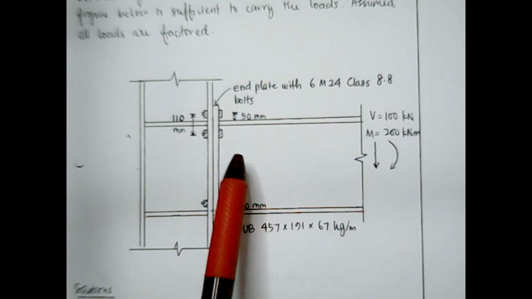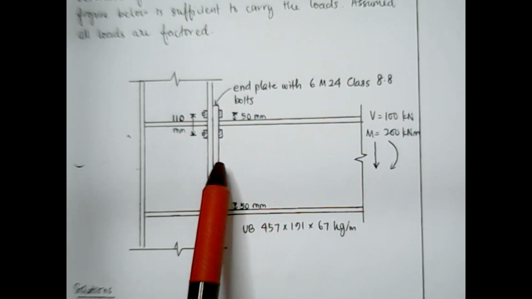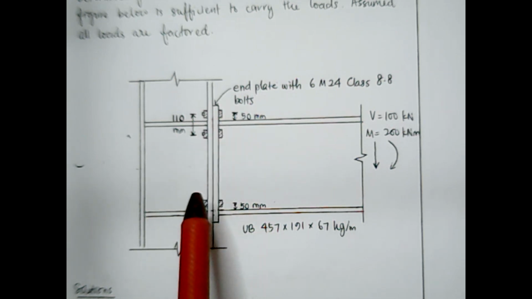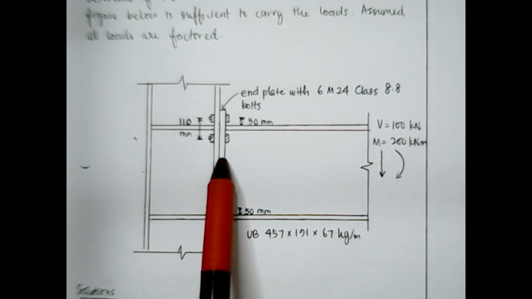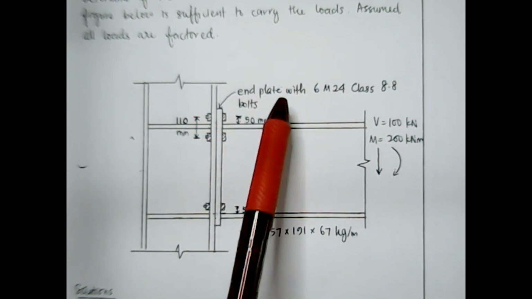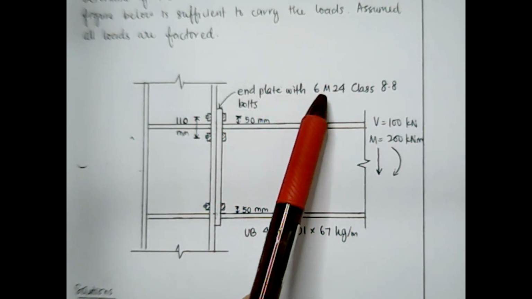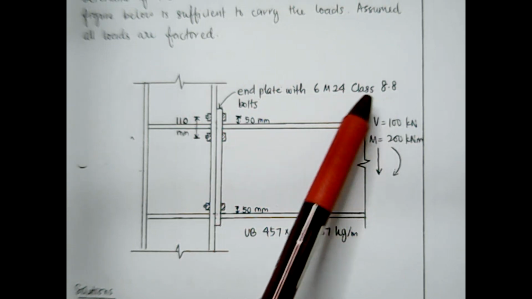So 2 columns of the 3 rows bolted connection. And here you can see the outer line here is the end plate with 6 M24 class 8.8 bolts.